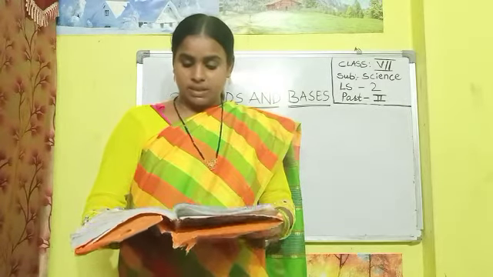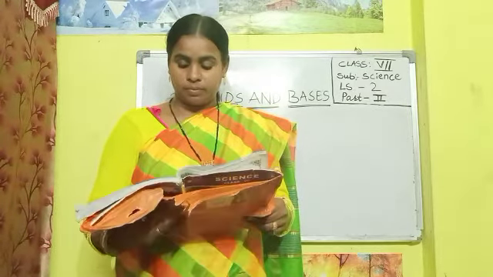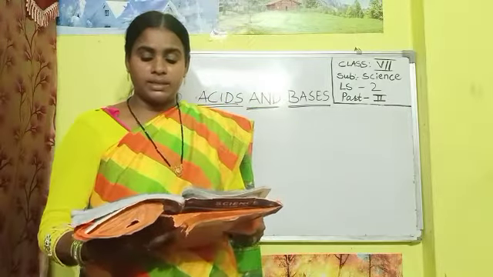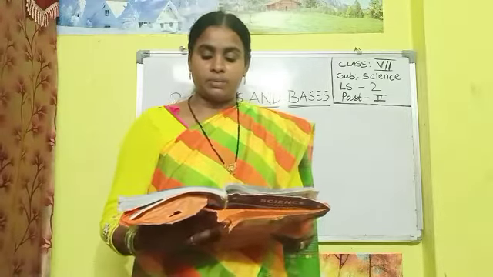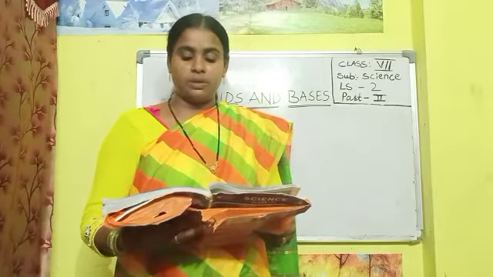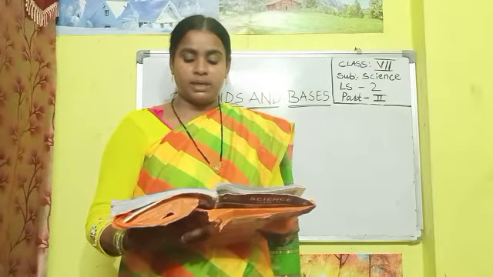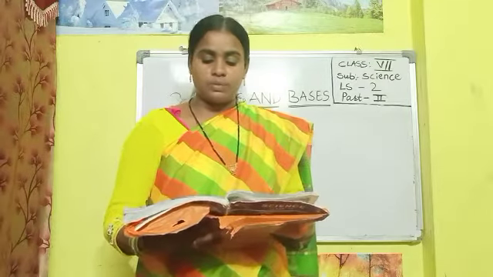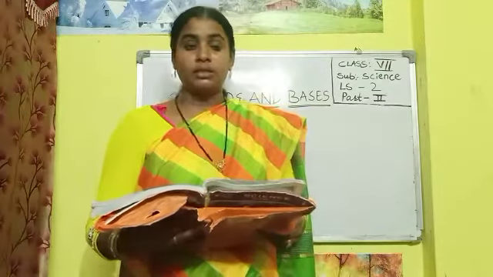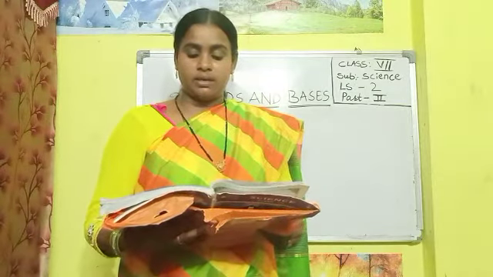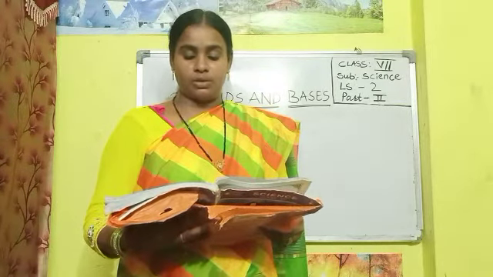Then next, let us do 8C, children. Take a clean test tube. Using a clean dropper, put 10 drops of dilute hydrochloric acid carefully in it and also add 2 drops of phenolphthalein indicator solution. What is the color of the resulting solution?